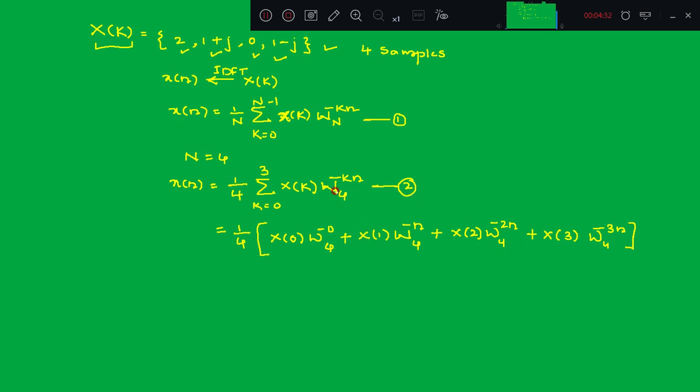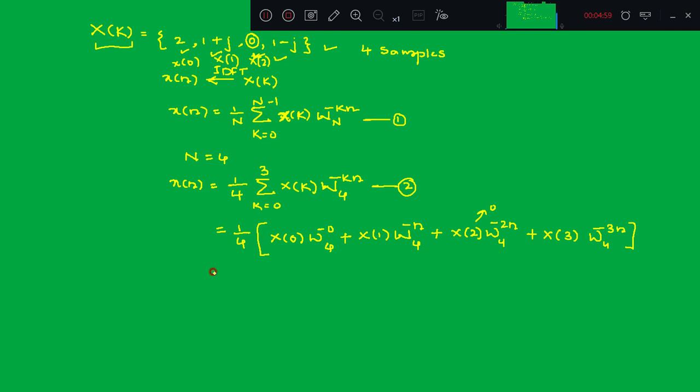And one more important thing is, see here, this is capital X of 0, this is capital X of 1, this is capital X of 2, and this capital X of 2 value is 0 here. So when this is 0, these terms vanish.